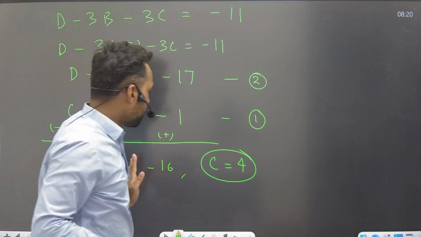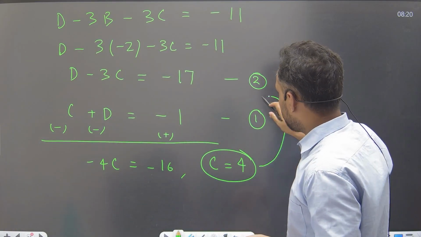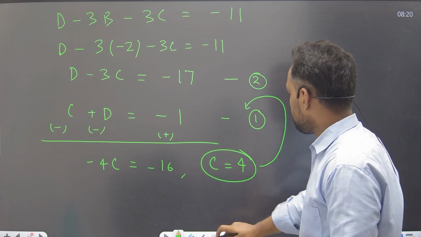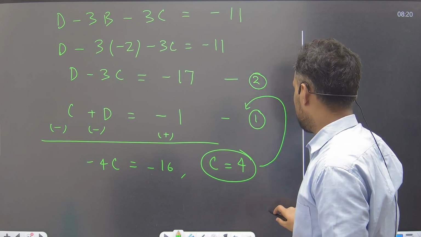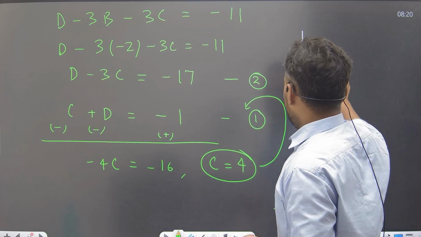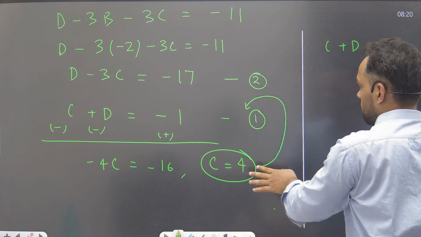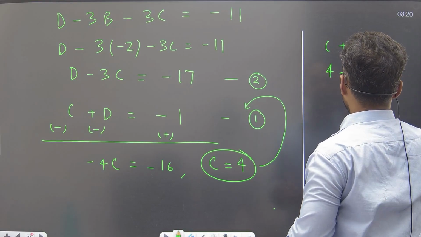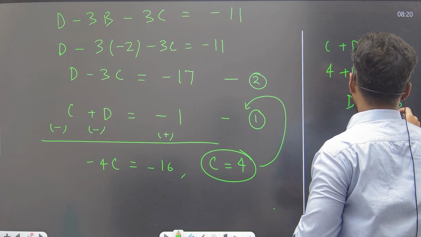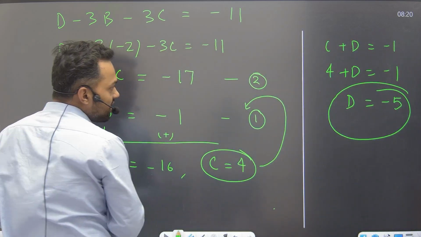This we have got from this particular equation. Plug in the value of c in the first equation: c plus d equals minus 1. So 4 plus d will be equal to minus 1, so d will be equal to minus 5. So we have got the values of a, b, c, d.